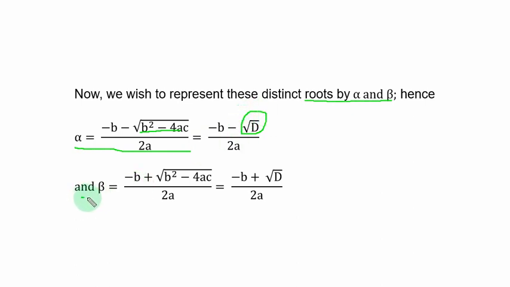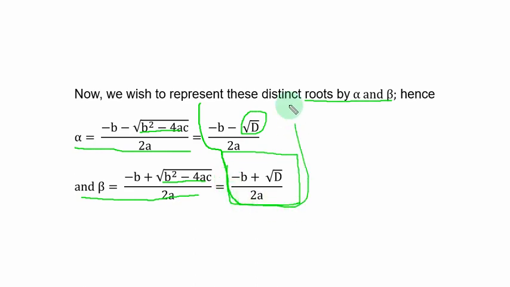Then beta, the second root, is minus b minus square root of b squared minus 4ac over 2a. If we also denote b squared minus 4ac as d, you have minus b minus square root of d over 2a. So we are going to work with these two forms in order to establish the sum and product of roots rule.